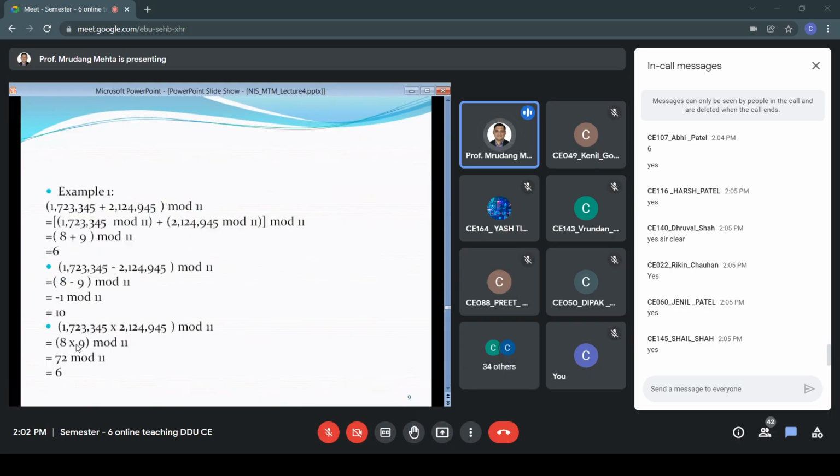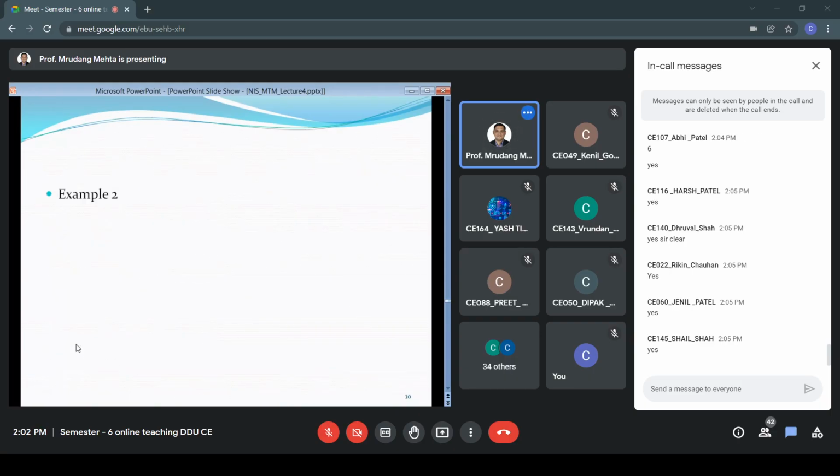Okay. So second example. We need to find 10 mod 3, 10 raised to 2 mod 3, 10 raised to 3 mod 3, and so on and so forth. Similarly, we also want to find 10 mod 9, 10 raised to 2 mod 9, 10 raised to 3 mod 9, and so on and so forth. Right? So what we can write over here, 10 raised to n mod x.